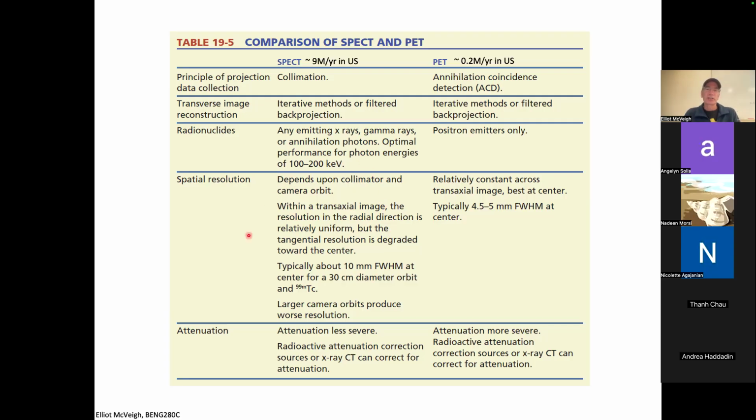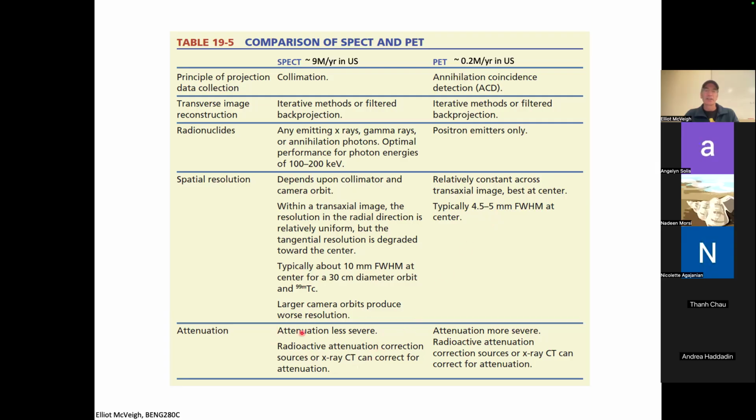So spatial resolution in SPECT, as we saw, is about 10 millimeters full width half max. It depends on your collimation and how many angles you take. And this is about 4 millimeters full width half max.